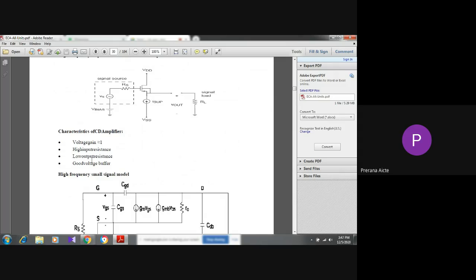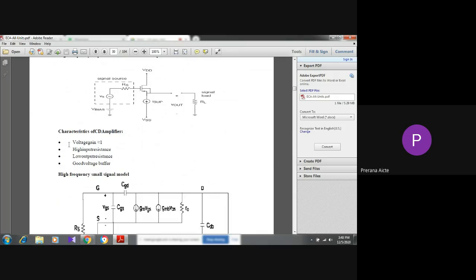Now, like in BJT, we have the common collector amplifier. The common collector amplifier is also called emitter follower. Like that, the CD amplifier is also called source follower. This is a very, very important point. Remember this. So the common drain amplifier is also called source follower. Why? In the common drain amplifier, the output terminal is the source and the input terminal is the gate.